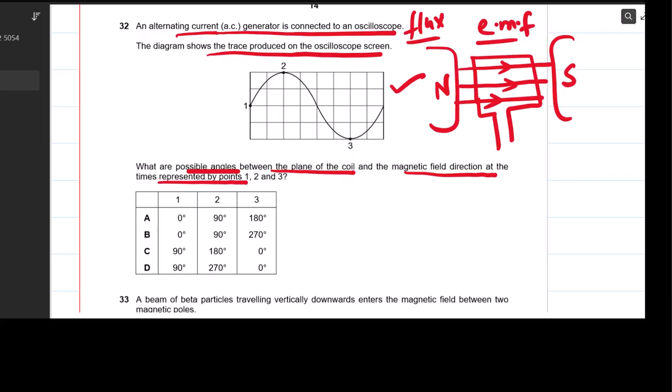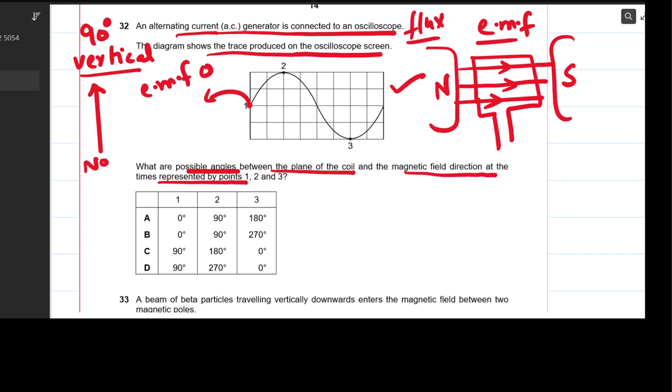So, dear, here EMF is 0. If EMF is 0, it means the coil is vertical. Coil is in vertical situation, which means 90 degree. So, no field lines cut.